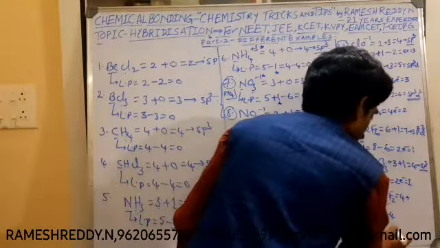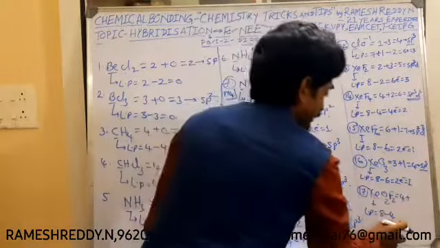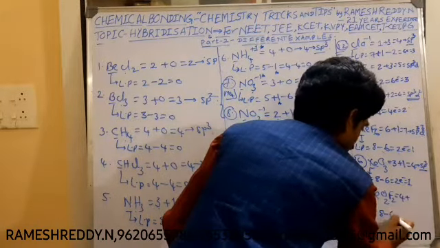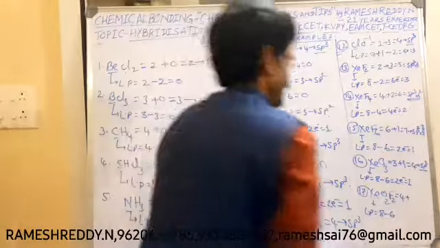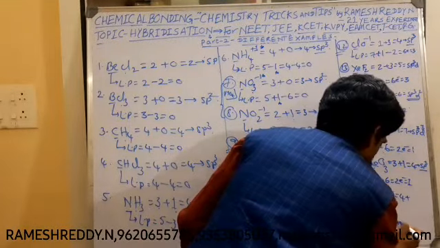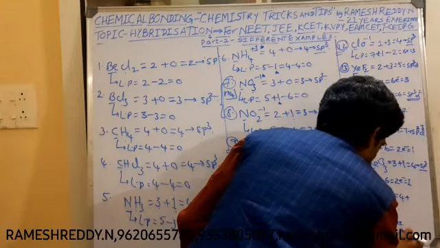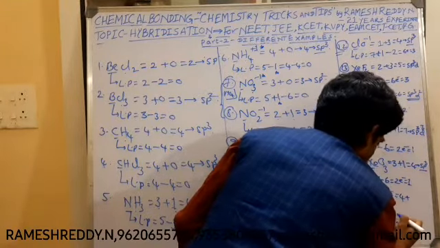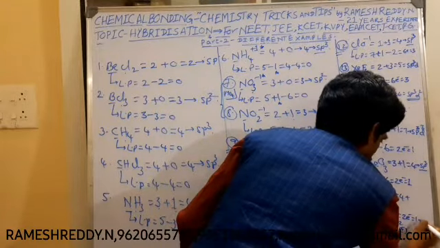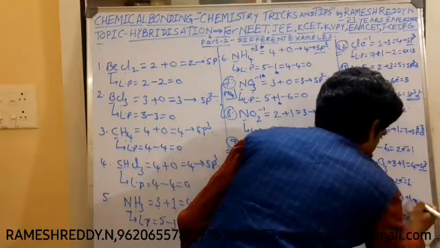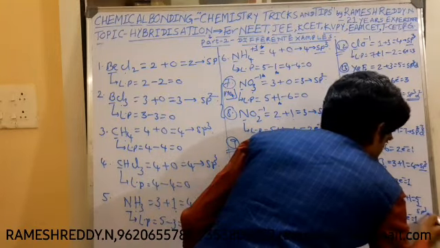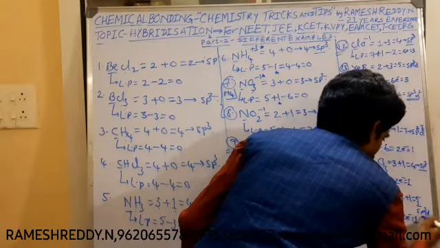And 2 fluorines is 2. So 4 for oxygen and 2 for fluorine, totally 6. So 8 minus 6 is 2 electrons, which is 1 pair. So 1 lone pair is there. 4 plus 1 is 5. So 5 means the molecule undergoes sp3d hybridization.